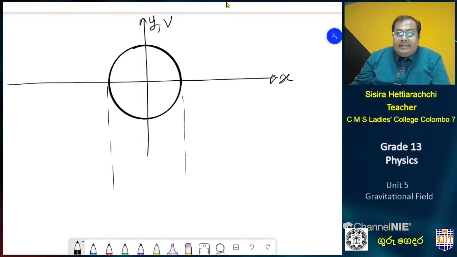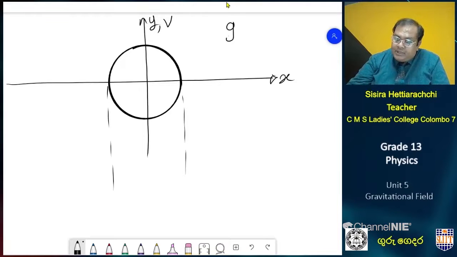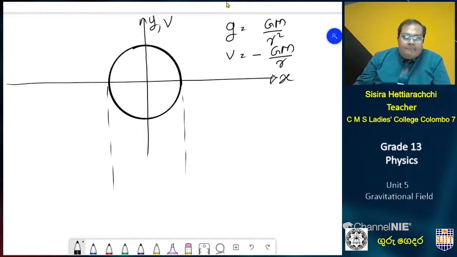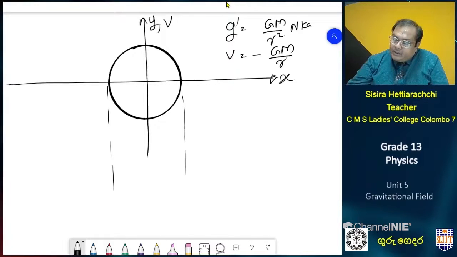And there's a nice relationship. I told you g is equal to GM over R squared. The potential, I told you, is minus GM over R. You can see some relationship between them. g, the gravitational acceleration or force acting on unit mass, is in newtons per kilogram.